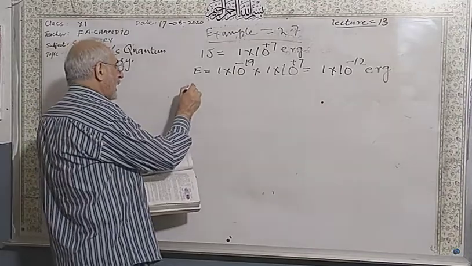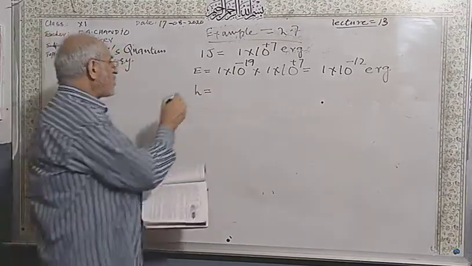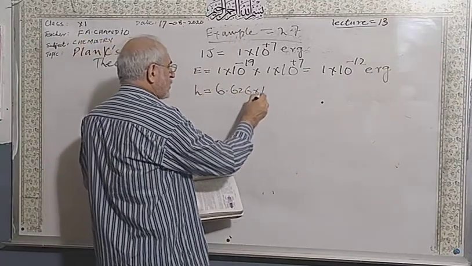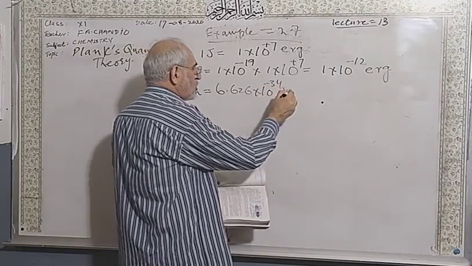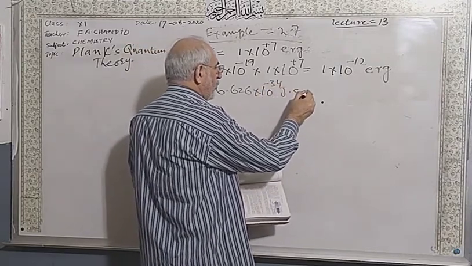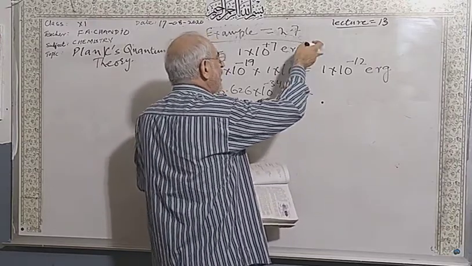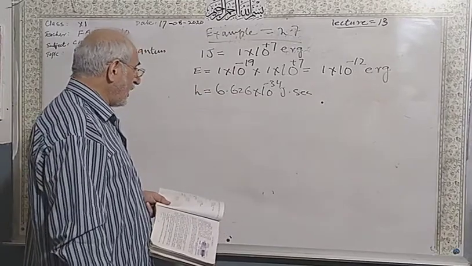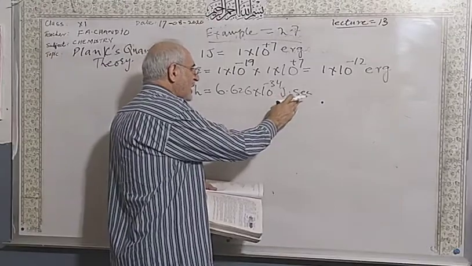Okay. H, Planck's constant. The Planck constant value is 6.626 into 10 raised to power minus 34 joule second. Don't make a mistake. Don't write erg; some students consider erg second. That's why I only write erg here, and this is the joule second.